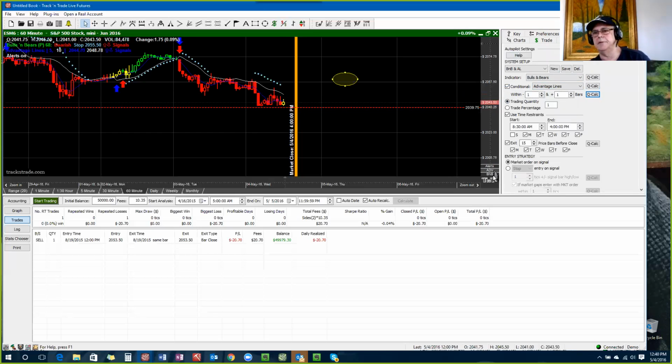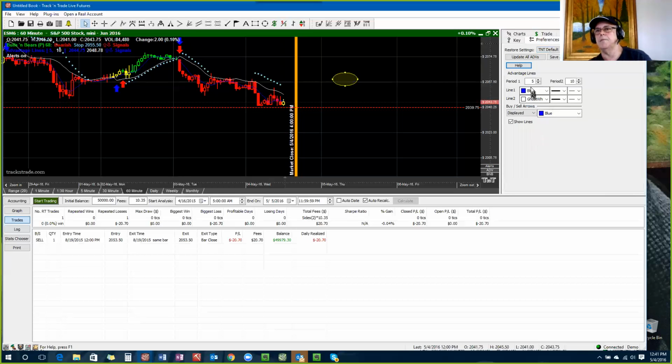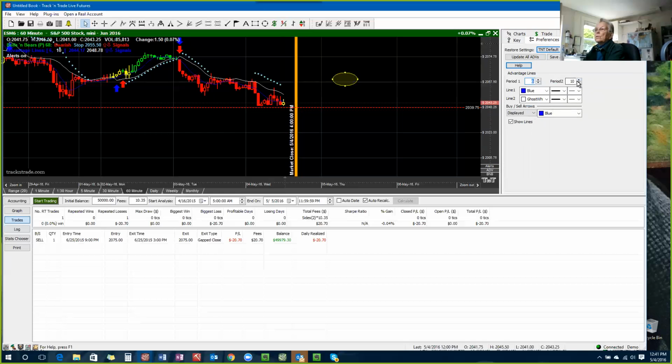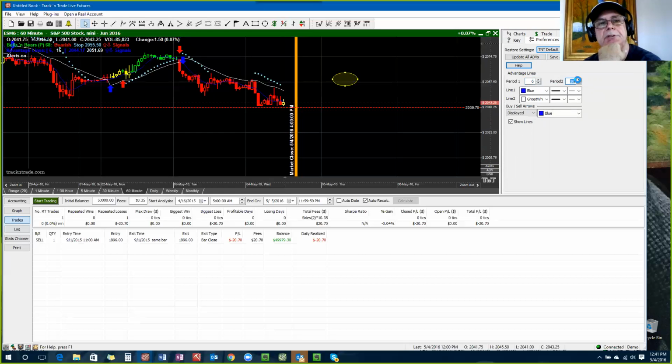Okay, advantage lines, come here. Period 1 and period 10. Advantage lines, default. Now you can change the periods on them, and you'll see the buys and the sells over on the left-hand side, the blue change. And you can change your period too, and you'll see it change.